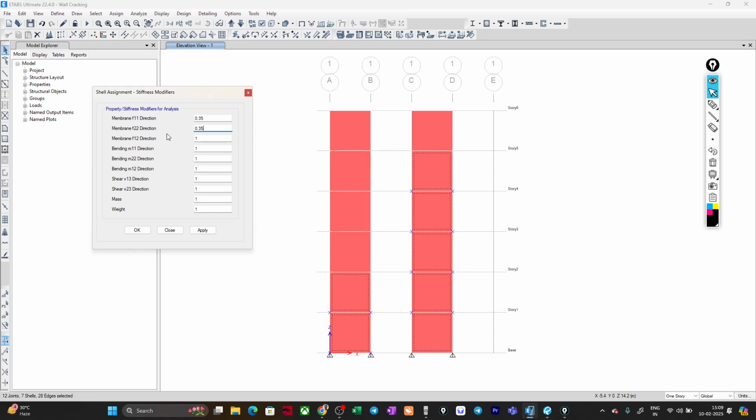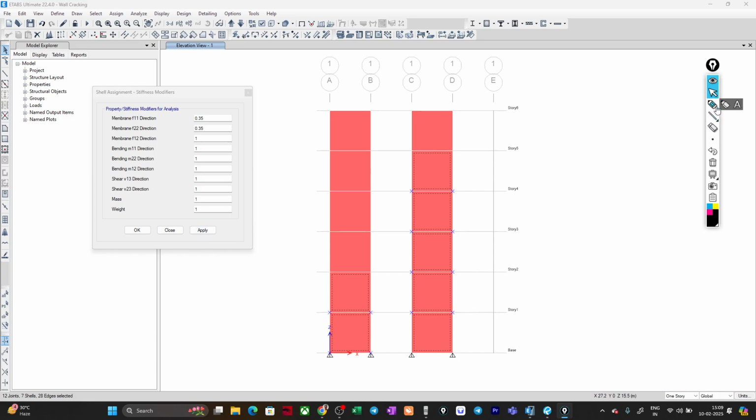So now these are the cracked modifiers, because we found that these areas have cracked with respect to moment, I mean, modulus of rupture. So these are my cracked modifiers, which are defined in ACI 318-19. Correct? Okay, so now I will click on apply.